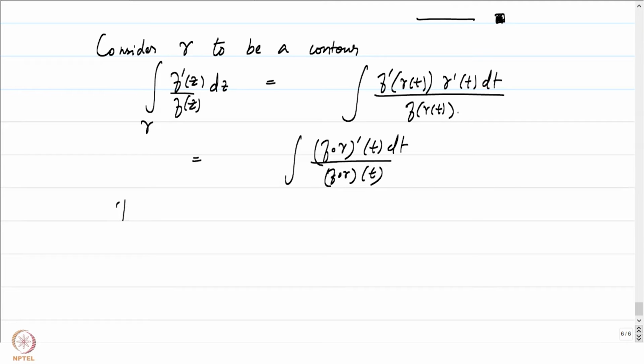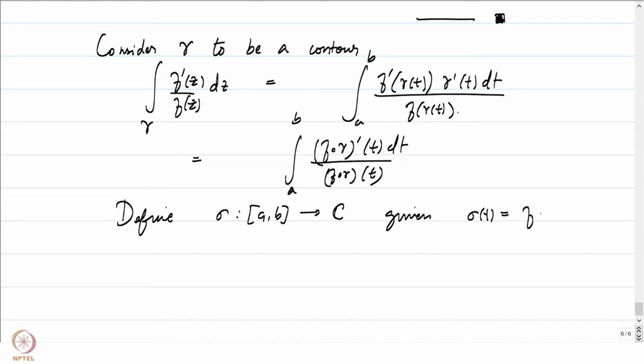So, define our curve sigma from a to b to C given by sigma of t equal to f composed with gamma of t.